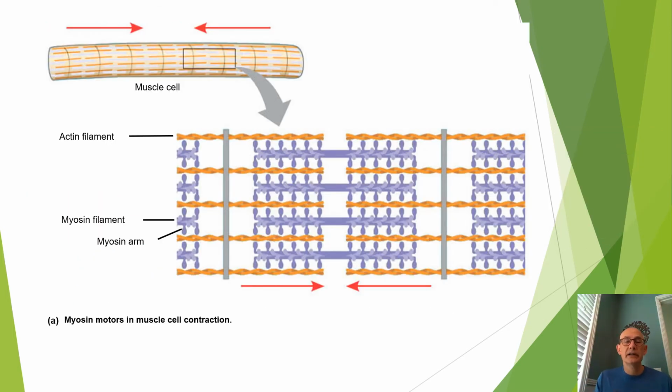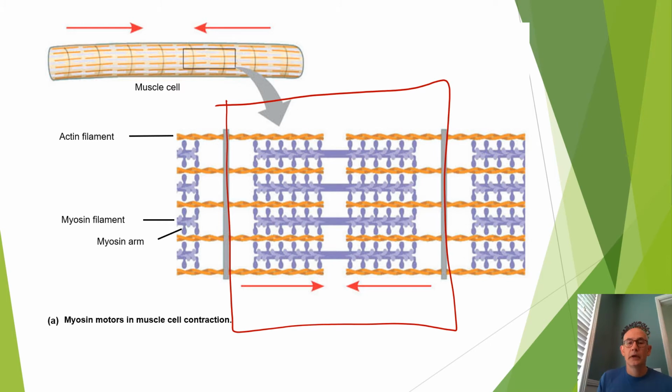So inside of the muscle cell, you have the unit that is known as the sarcomere. And inside the sarcomere, you have lots and lots of the actin filaments right here. And then the purple ones are the myosin. They're not really purple, but just for ease of viewing, that's how they're often colored.